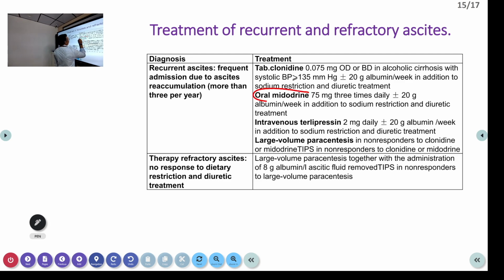We can give midodrine because it's a very safe drug that can be tried. Intravenous terlipressin is another important drug. If the patient is in ICU, we can try this to reduce the portal pressure. Large volume paracentesis and TIPS we already discussed. So these are the common treatments for intractable or refractory ascites.